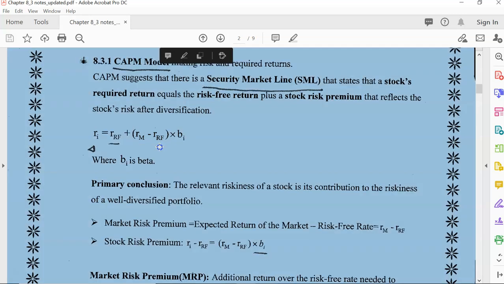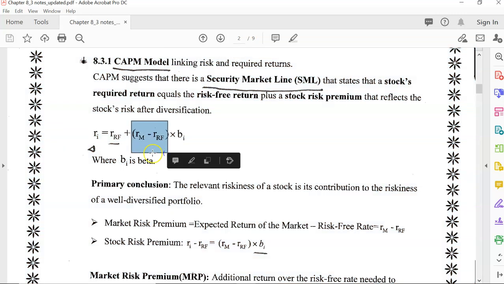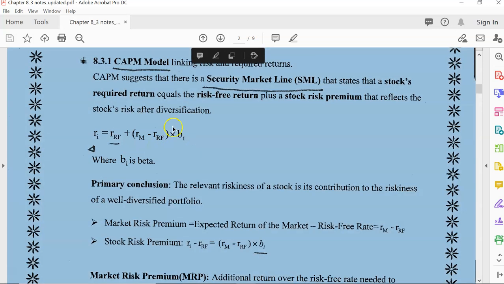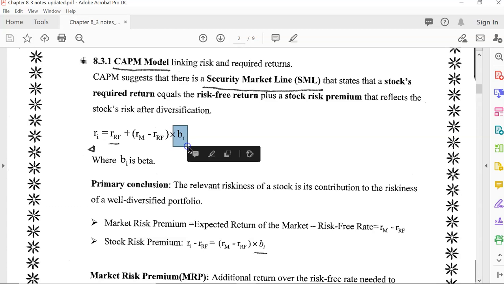For the market portfolio, we use the market portfolio return minus the risk-free rate as the market risk premium. Beta is the percentage of how much stock risk contributes to the market risk. So if we multiply market risk premium by beta, we have the stock risk premium.